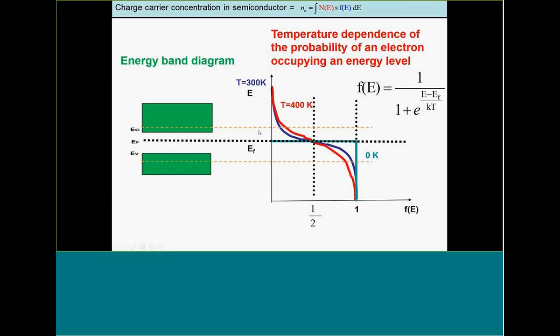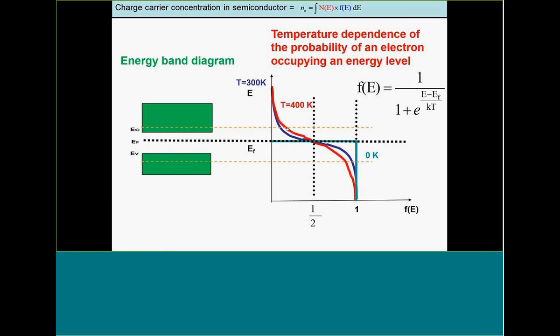So as the temperature increases, the probability of an electron not occupying a certain level below the valence band edge is less, and at the energy level higher than the conduction band edge, there is an increase in probability of it being occupied by an electron.